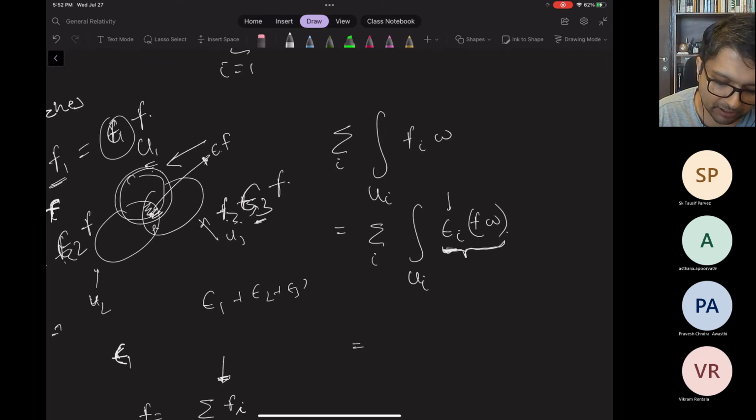I'm only assigning it a partial weight of f. So when I add up all the patches, it's only then that I get the full weight of f associated with that point. So this summation and this epsilon together are giving me the full weight of f associated with that point.